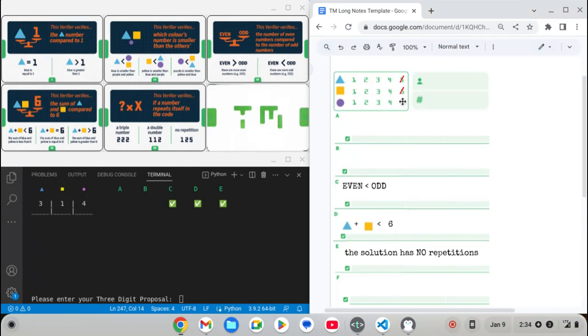I don't know how you would choose a square value. I guess you would have to, well, if triangle is 1, if you think about it, in conjunction with criteria card D, everything would work for square, right? Because 1 plus 4 is definitely less than 6. So you'd have to pick between 2, 3, and 4, and then circle would be potentially another odd.